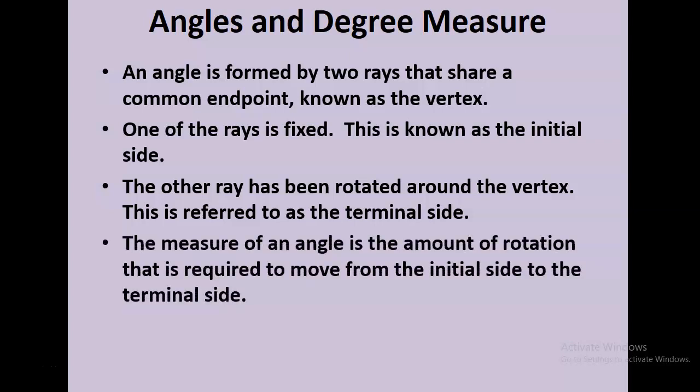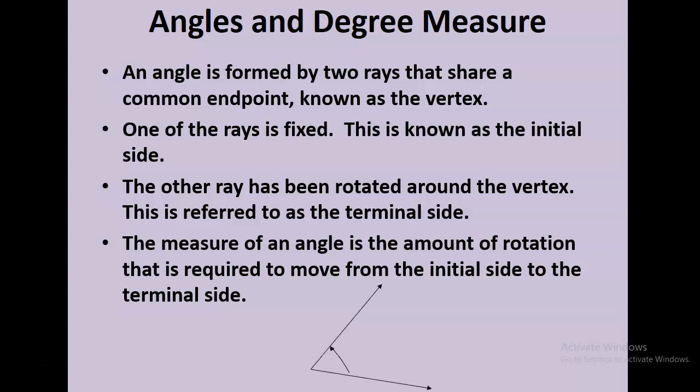You can think of this as a door swinging open, or the hands on a clock, with one of the hands staying still, which we'd call the fixed side, and the other hand rotating around. That would be the terminal side, the terminal meaning where it ends. The measure of an angle is the amount of rotation that is required to move from the initial side to the terminal side.